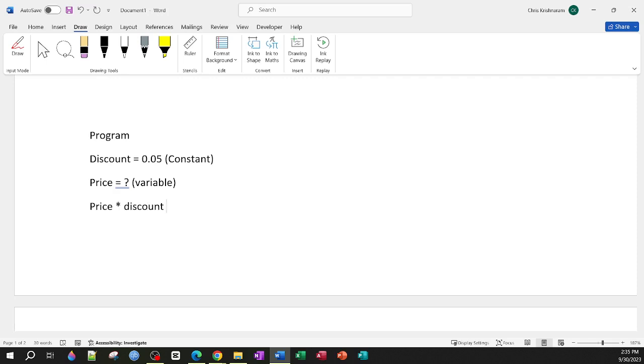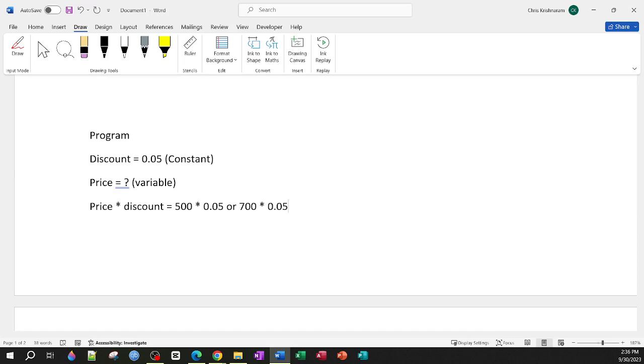So we don't want it to be a fixed price because it could be the price for a cheese stick, the price for a shirt, the price for pants, whatever the case may be. So this could be 500 times 0.05, or it could have been 700 times 0.05.